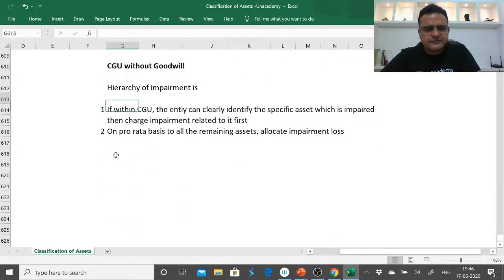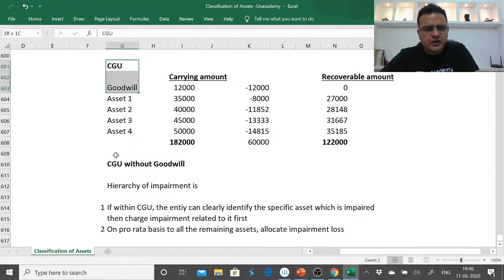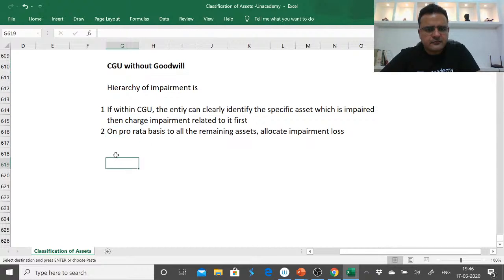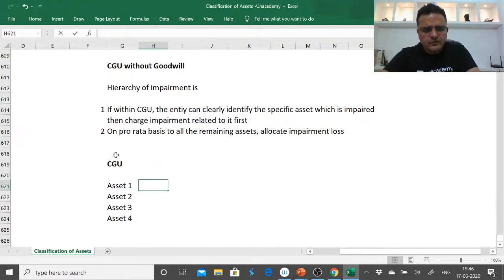Second example is directly a CGU without any goodwill. So there is no goodwill allocated to these assets, and total value of these assets may be equivalent to 36, 42,000, 48,000, 52,000. Total value of these assets is say 178,000.